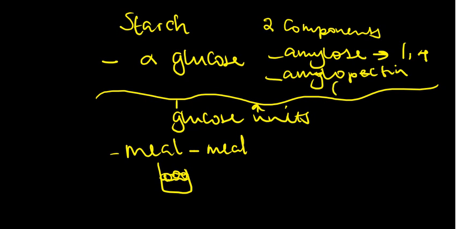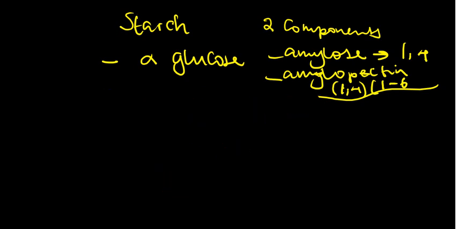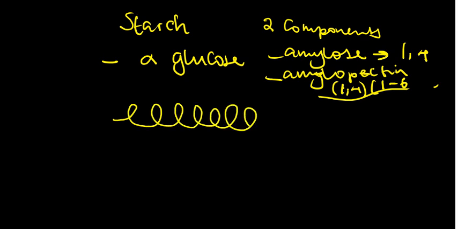Amylopectin has 1,4 and 1,6. So let me briefly explain that. When you look at amylose, amylose is a long chain of glucose molecules. So it is tightly packed in a spiral manner.